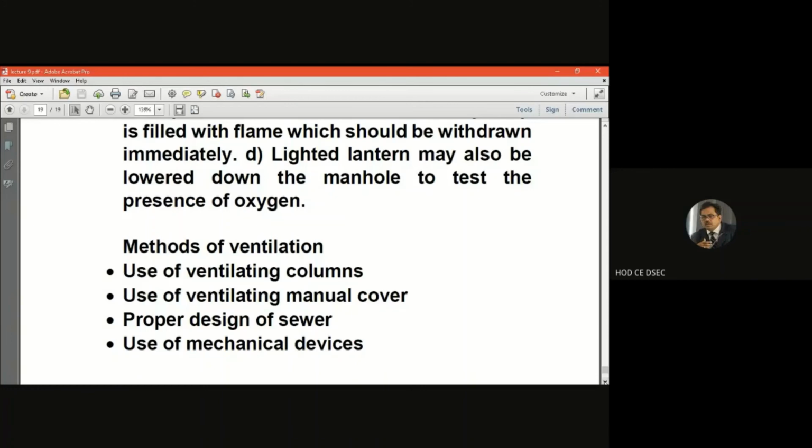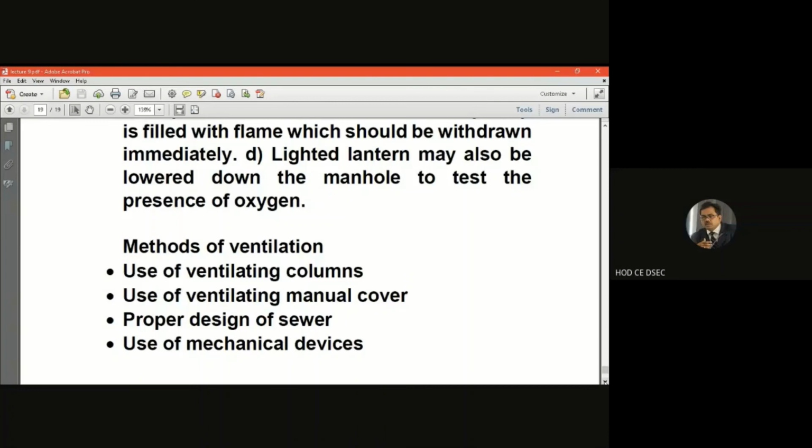Moreover, the velocity in the sewer should be self-cleansing, so that the sewage does not stay at one point for longer periods. Proper design of the sewer also gives us enough ventilation. So while doing the hydraulic design of the sewer, proper ventilation has to be taken care of.